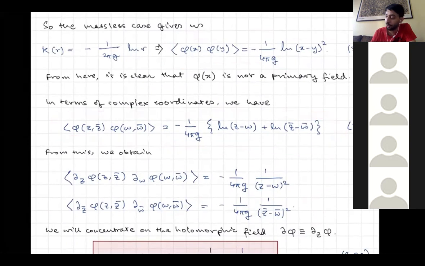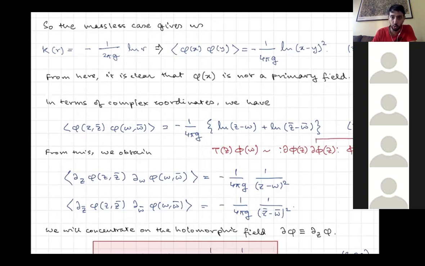So if you want to find out what the T with phi is, remember, T is del phi. So T(z) with phi of omega will be del phi of z with phi at omega. Then you need to look at things like this.